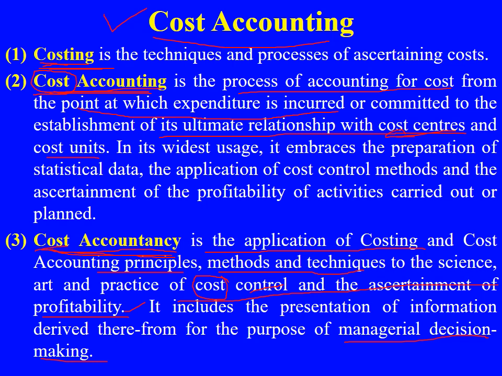Cost centers and cost units are those responsible centers, those centers which are responsible for the cost of goods. It might be the purchase center, the sales center, or the production center, whichever it may be. So cost accounting is a process of accounting for cost from the point at which the expenditure is incurred to its ultimate relationship with the cost centers and cost units.